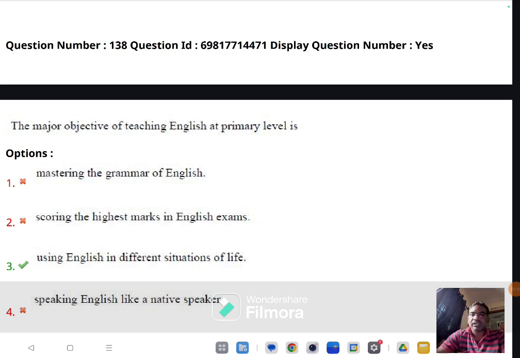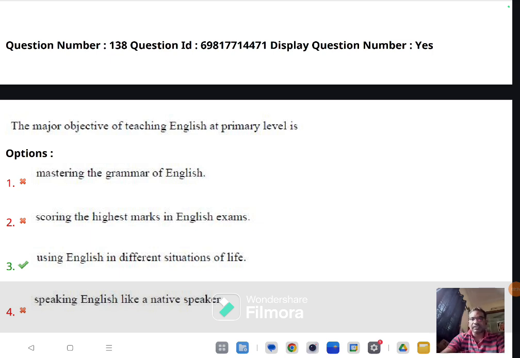The question is the major objective of teaching English at primary level. The options are mastering the grammar of English, scoring the highest marks in English exams, using English in different situations of life, and speaking English like a native speaker. These 4 are similar.